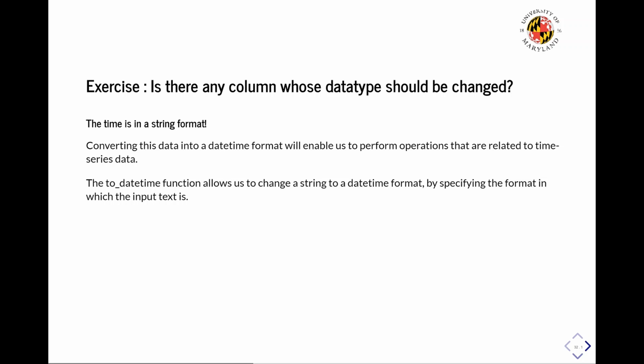Time is in a string format, but if we want to compare two values, it would not compare on the basis of the value of time, but on the basis of the string value comparison. So we should ideally convert this to datetime by specifying the format in which the input string is in.